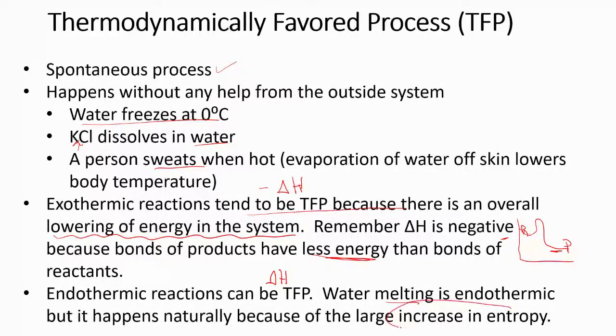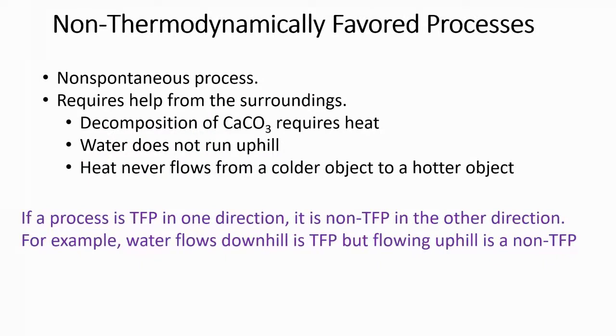Because we have such a huge increase in entropy when going from a solid to a liquid. So that entropy is what pushes the melting of water in the direction of happening naturally, even though it is absorbing energy, it is endothermic. All right, that entropy still pushes it to happen.